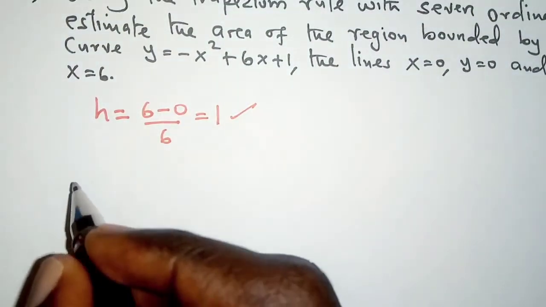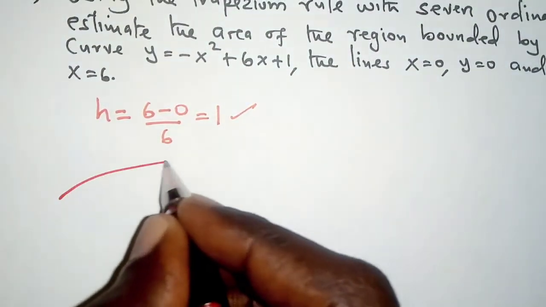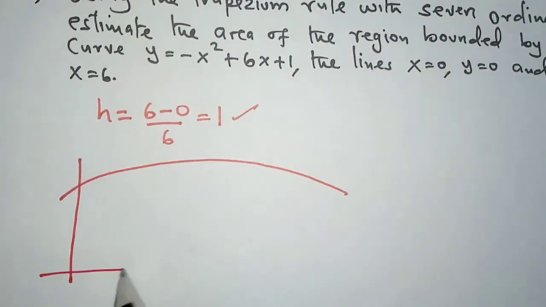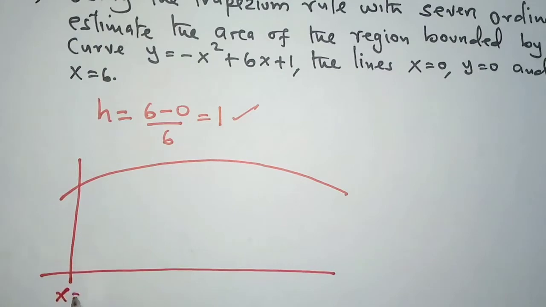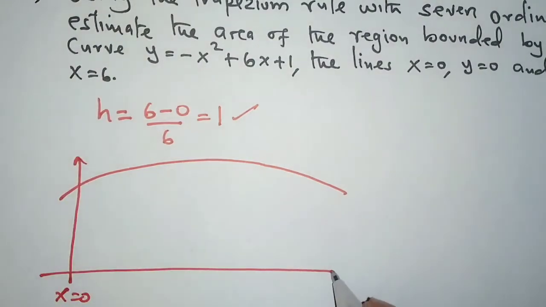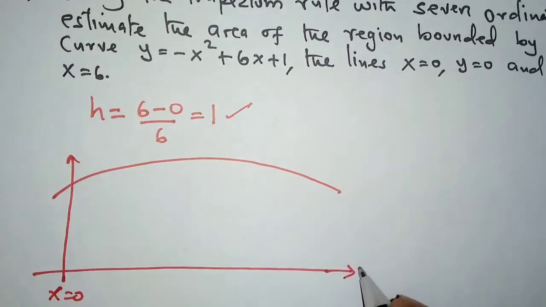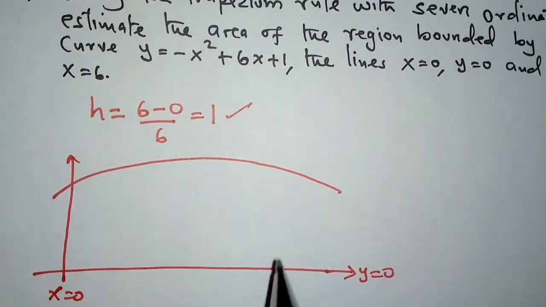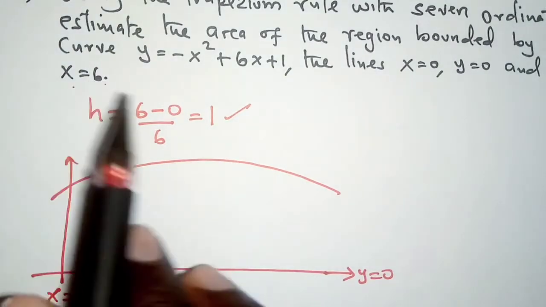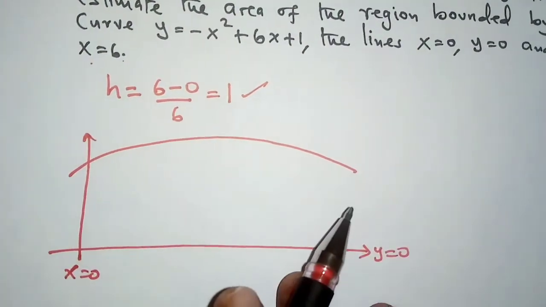So let's have the curve as that. The line x is 0, that is the y-axis, and the line y is 0, that is the x-axis. And then we'll finally have the line x is 6 by the time we're done partitioning.